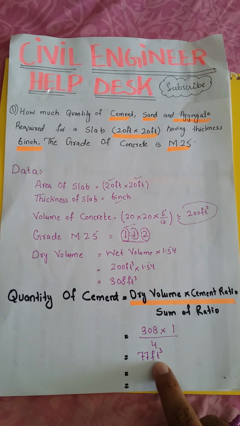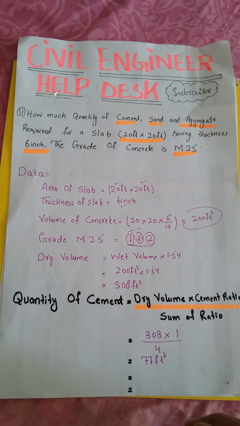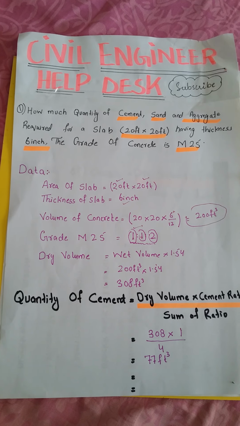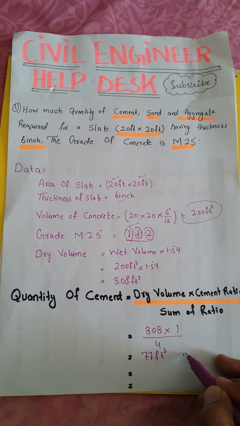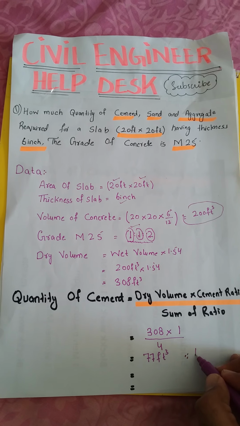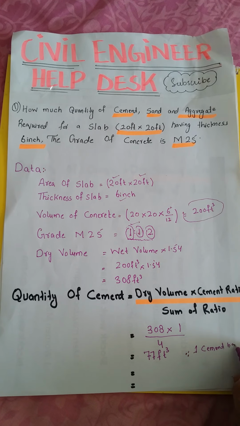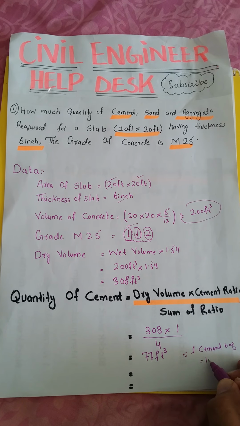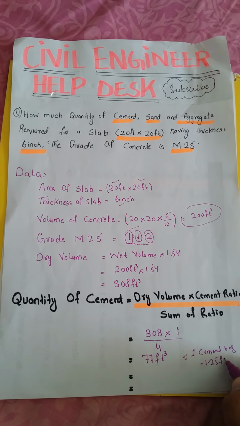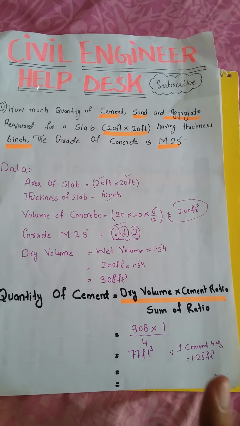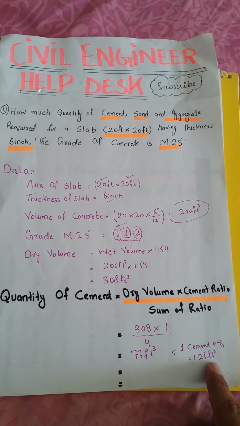But we know that we always need the quantity of cement in number of cement bags. So you must know one cement bag is equal to 1.25 cubic feet. The volume of one cement bag is equal to 1.25 cubic feet.